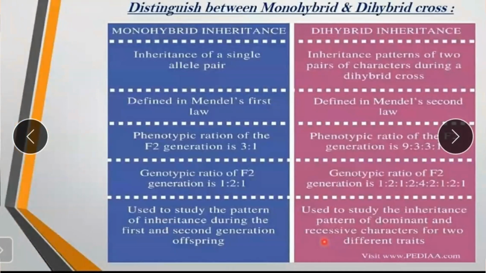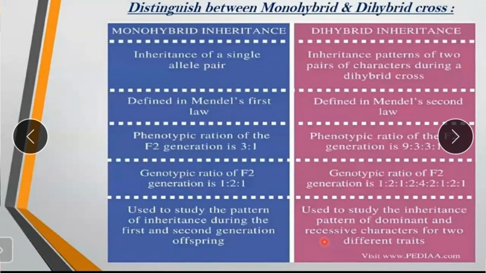So now, what is all about monohybrid inheritance and dihybrid inheritance? The first point is inheritance. In monohybrid, it is the inheritance of a single allele pair. Here only a single pair is crossed. In dihybrid, it is the inheritance pattern of two pairs of characters during a dihybrid cross.